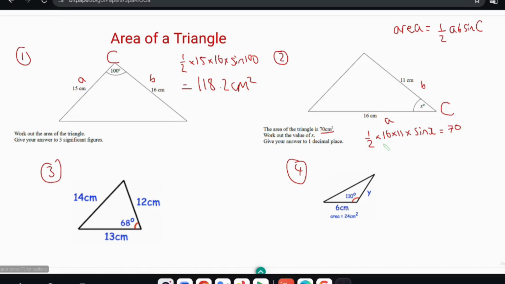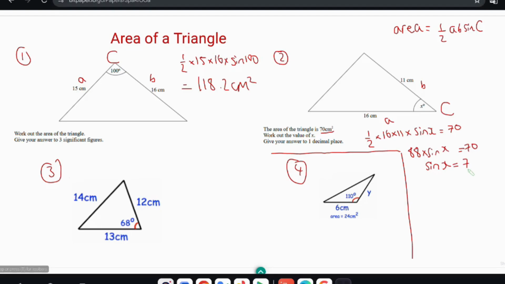I'm just going to work out that half times 16 times 11 first is 88. So we know 88 times sine x is equal to 70. I'm now going to divide both sides by 88.